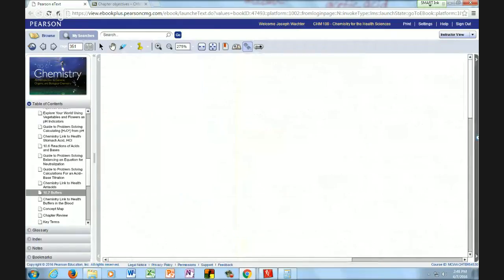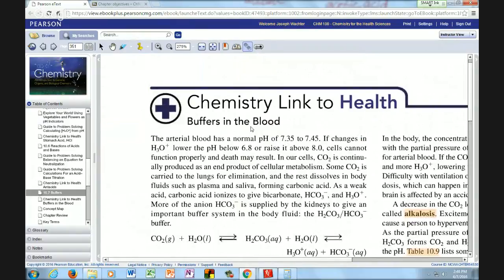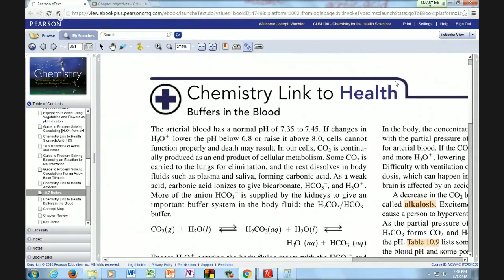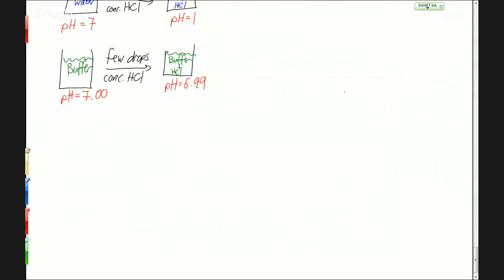That's fine. But what's important about buffers is in physiological situations, like in the blood. The blood has a very narrow pH range. Your blood has to stay in that range, or it causes big problems.